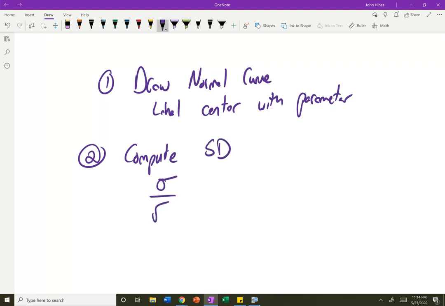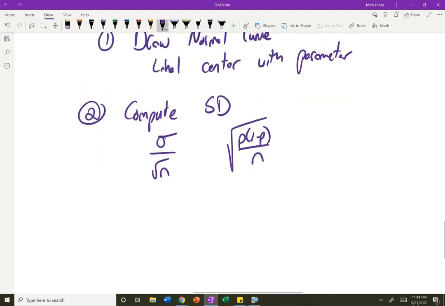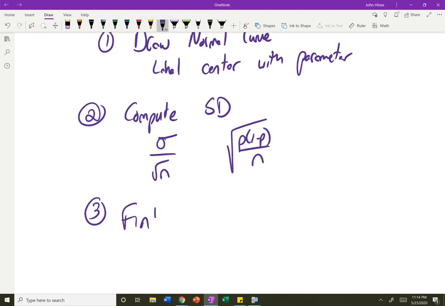It's the original standard deviation over radical n, or it's the square root of p, 1 minus p over n. That's theoretically what our sampling distribution standard deviation should be. Then you find a z-score, and then you use the normal cumulative density function.